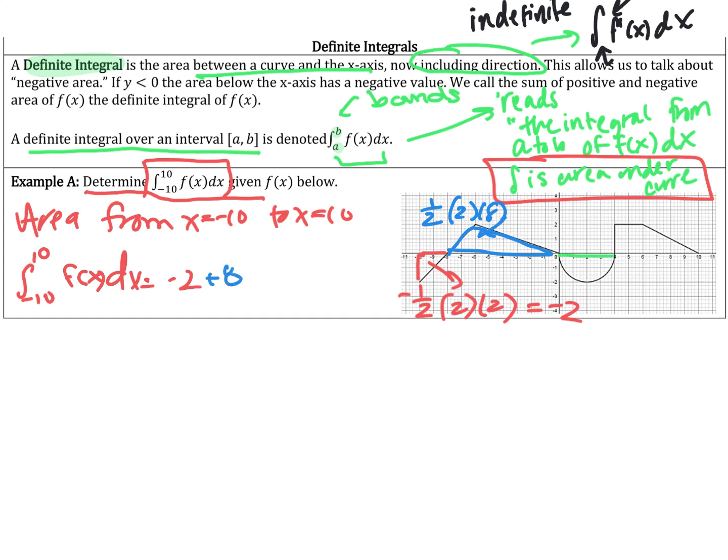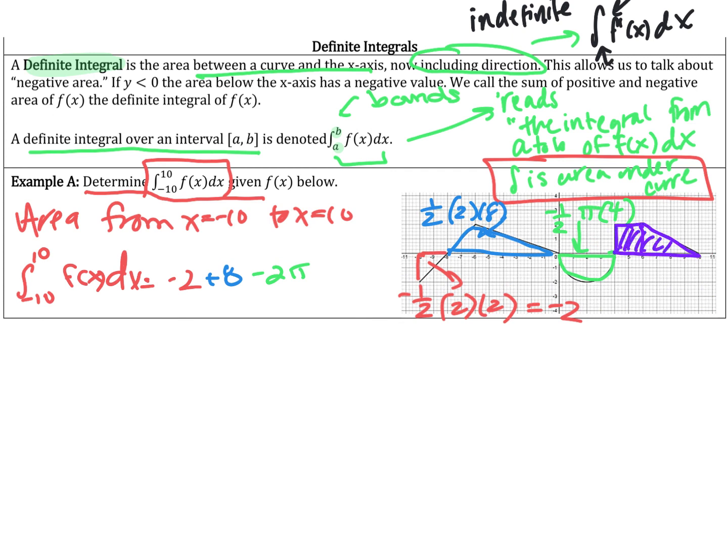If I find the area of this half of a circle here, which is going to be a negative area, negative 1/2 since it's half of a circle, of pi times r squared, and it looks like r here is 2, so of pi times 4, so this is going to be minus 2 pi. And then the last shape you could either break up into a rectangle, a square and a triangle like this, or you could consider the whole shape as a trapezoid, dealer's choice.